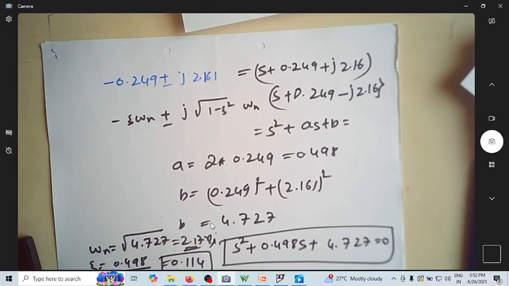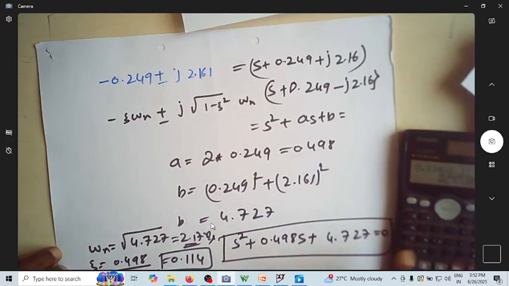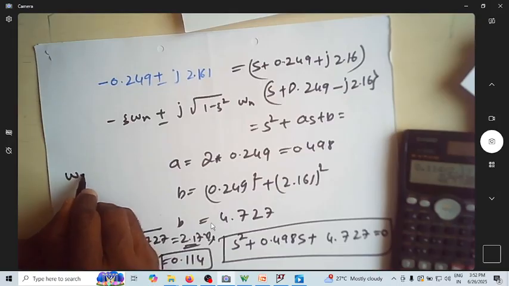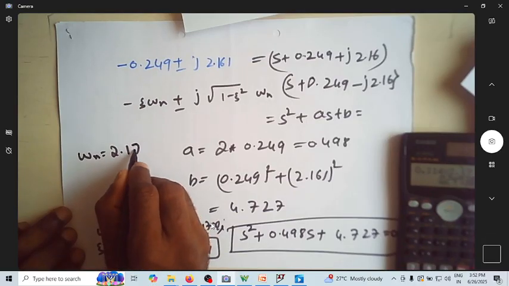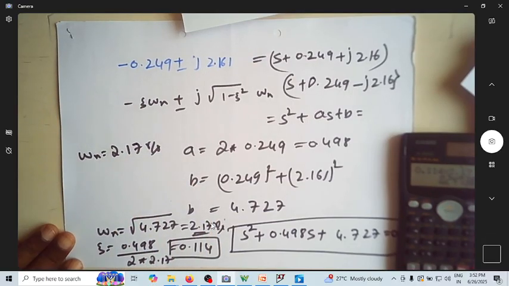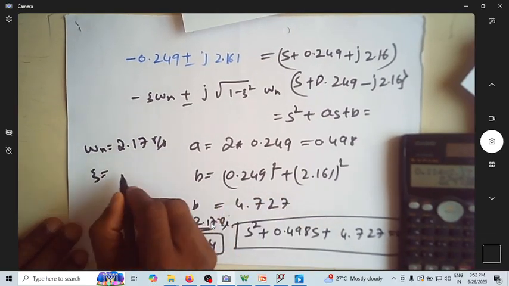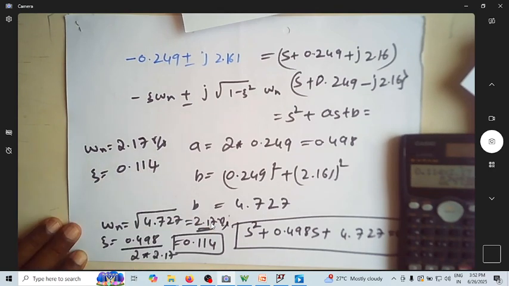Now, omega n is equal to 2.17 radian per second, and zeta is equal to 0.114.